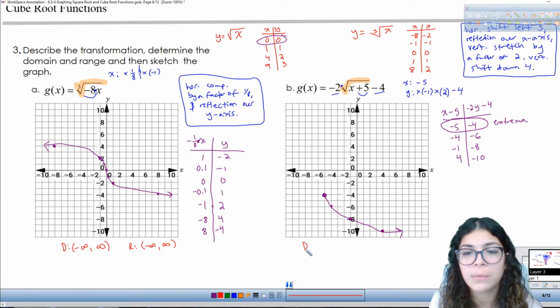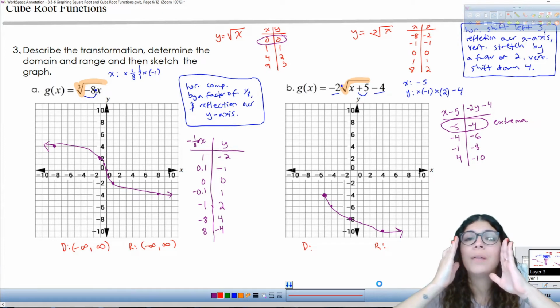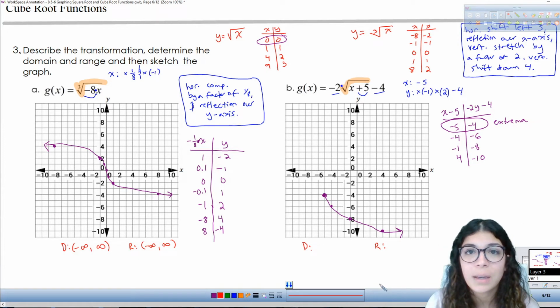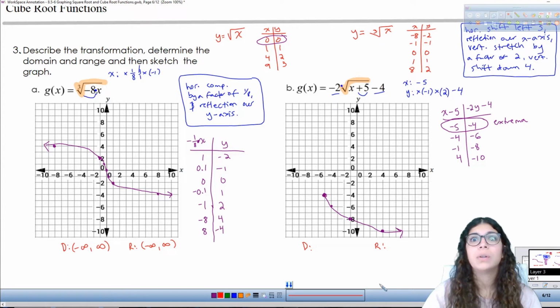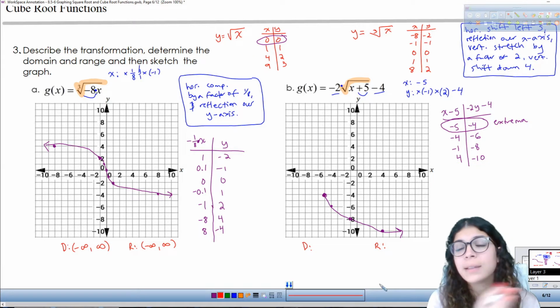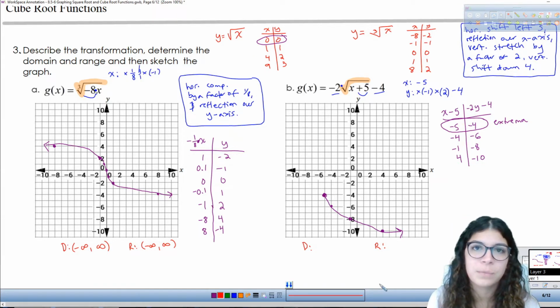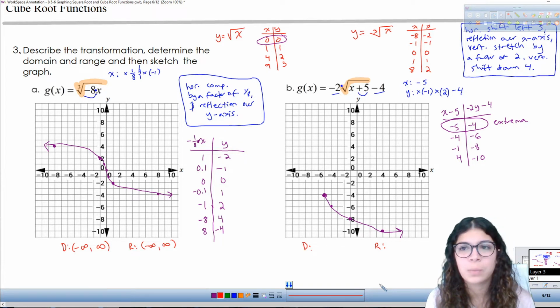Now for the square root function, multiple things happen. We flipped it over the x-axis. So not only do shifting left, right, up, and down affect the domain and range, but also reflecting changes the domain and range as well.